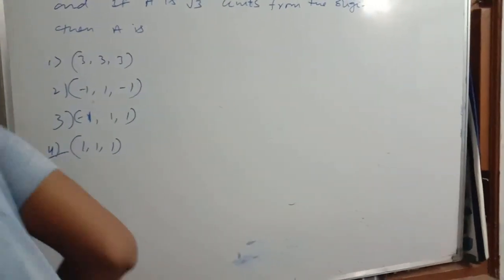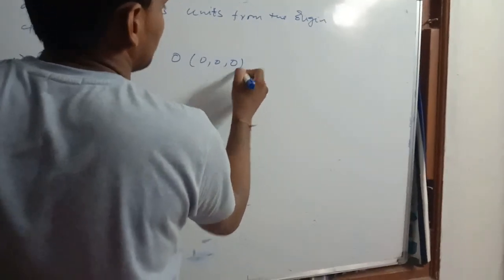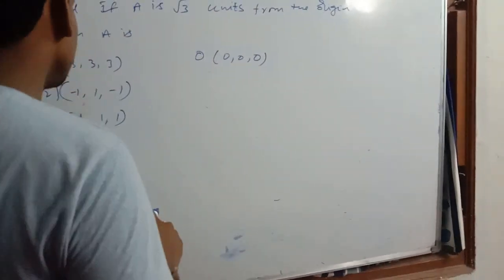Now here O is the origin, O 0, 0, 0, and this is now the A coordinate is, find out the options.